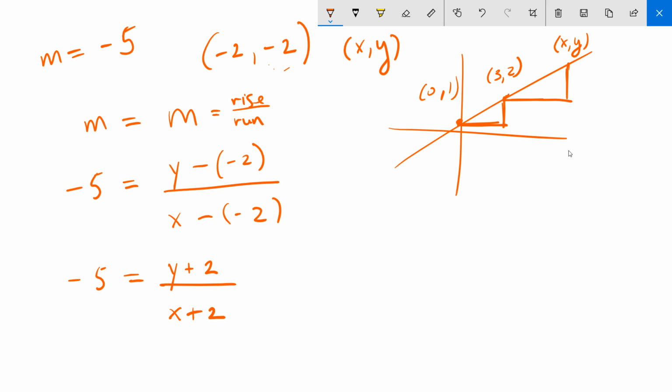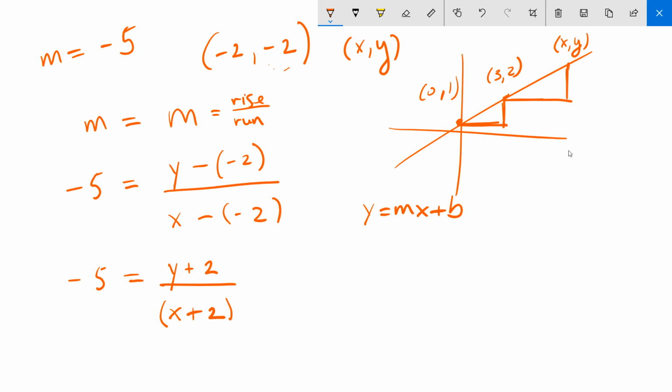Now what they want is for us to get this equation. It's already the equation of a line. We already have it. They just want it in the y equals mx plus b form. So we just got to get y by itself. So all I'm going to do is rearrange this equation.